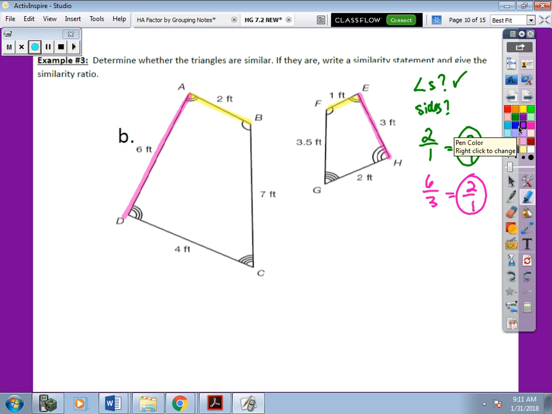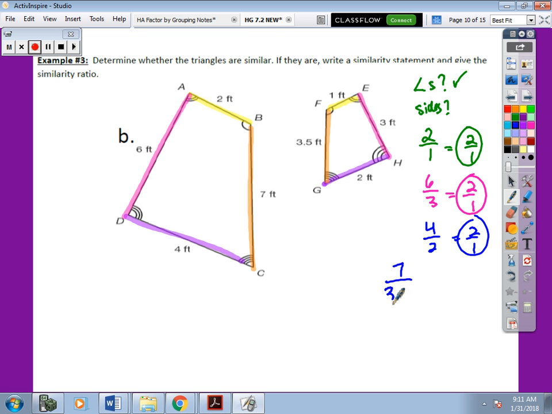Keep going. We have our 4 and our 2, so that one definitely works. Now the last one, 7 corresponds to 3.5. If I were doing this without a calculator, well, you should know 3.5 is half of 7, but if you didn't, how can you get rid of decimals in fractions?